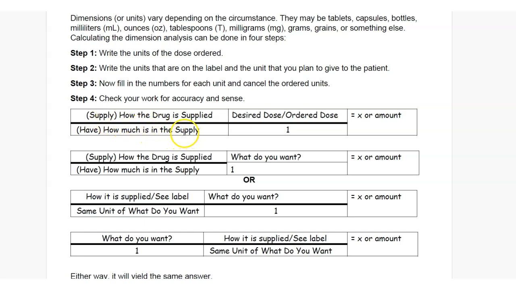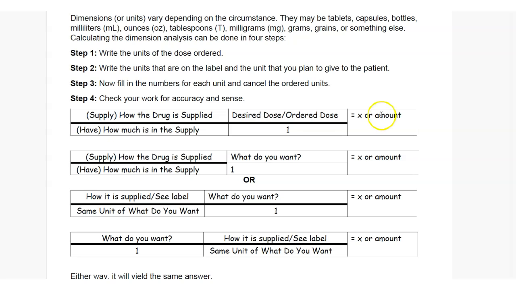So let's say it's a 500 milligram tablet, then one tablet goes on top, and then 500 milligrams goes at the bottom, multiplied by the desired dose, the ordered dose, so let's say it's 250 milligrams over 1, and that way you can cancel these two. They have the same measurement because we want to end up with tablet. And so your answer would be the amount that you need to administer to your patient.